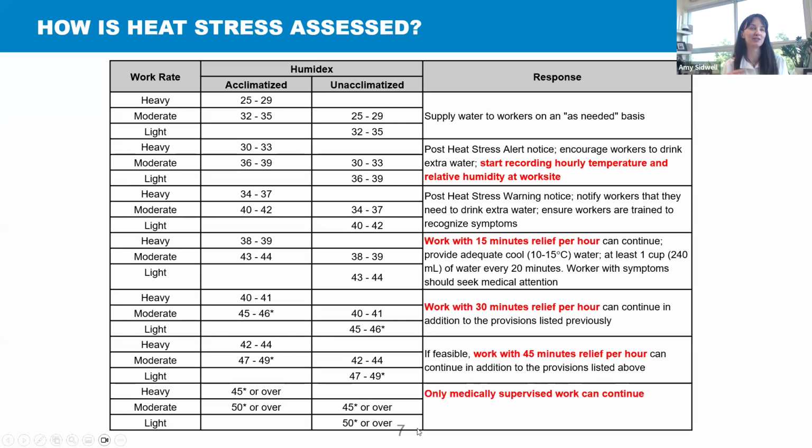So it gives you a whole table of when you would go to medically supervised, and that's the highest threshold. Previous to that, it's a 15-minute break an hour, a 30-minute break an hour, a 45-minute break an hour, and then it's only medically supervised beyond that. This table is straight from our regulator.